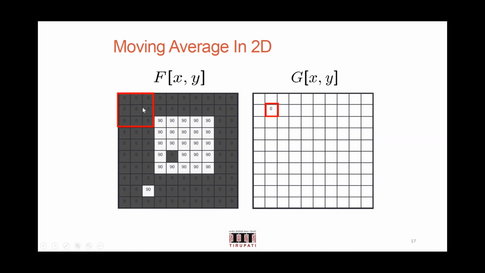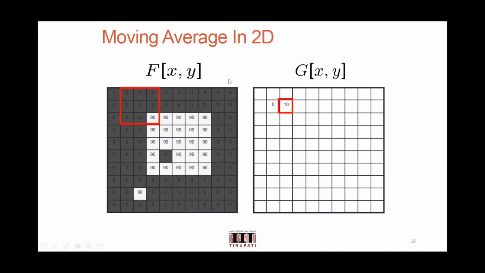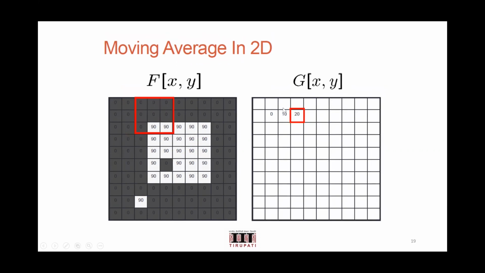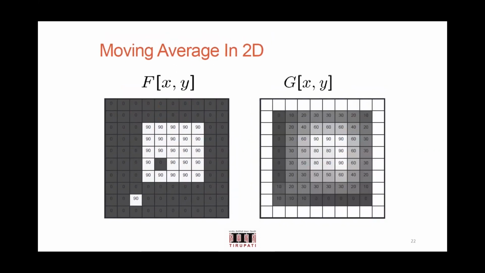In the same location in the observed or noisy image, you keep your box filter there, you sum up the whole thing, and so you would get a 0 here. Then suppose you want to compute at this location, so you put your box filter centered at this location, you sum up all the values there and then average it. There are 9, this is having 9, so 90 by 9, so you are getting here 10. Then you move there 20, 30, and so on.